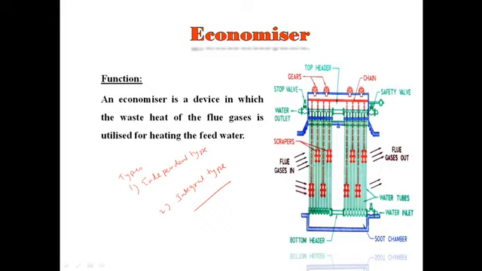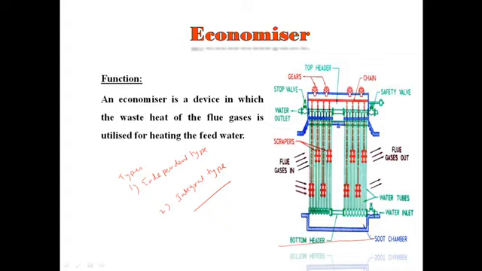Water comes from the bottom pipe and flows to the boiler. The flue gases move around the pipes in the direction opposite to the flow of water. Subsequently, heat transfer through the surface of the pipe takes place and the water is heated, as you can see in this particular figure.